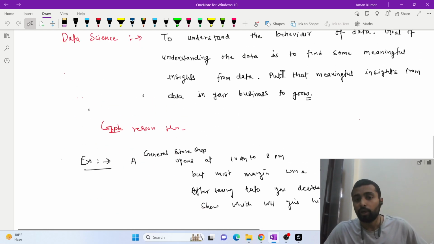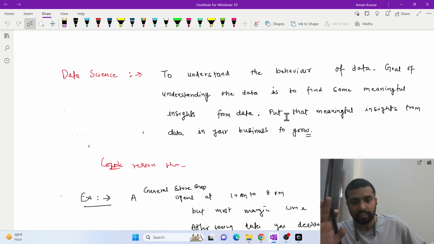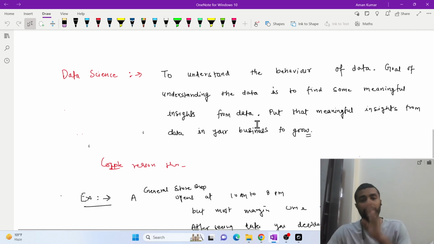As you can see, we want to put those meaningful insights from data into your business to grow. Oh man, it is such a long definition. So let me repeat this definition again. What is the meaning of data science?